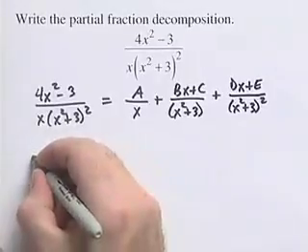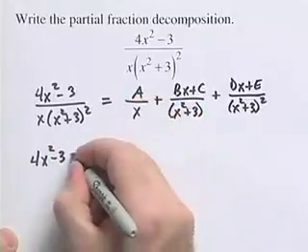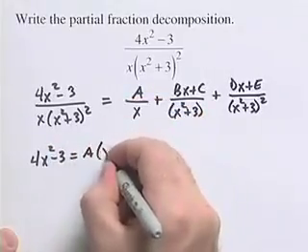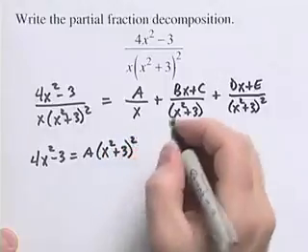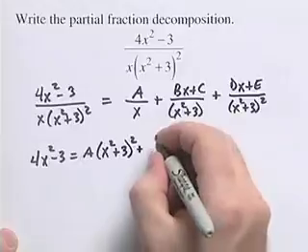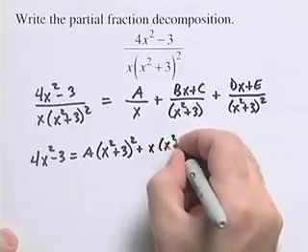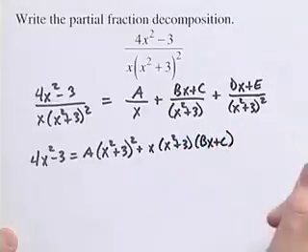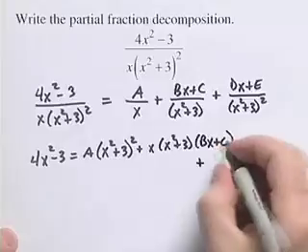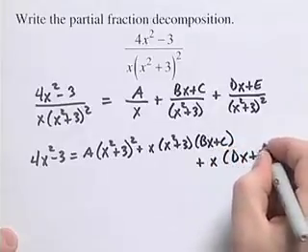That'll give us the identity 4x squared minus 3 is equal to a times x squared plus 3 quantity squared plus x times x squared plus 3 times bx plus c plus x times dx plus e.